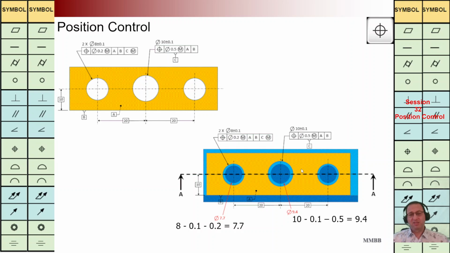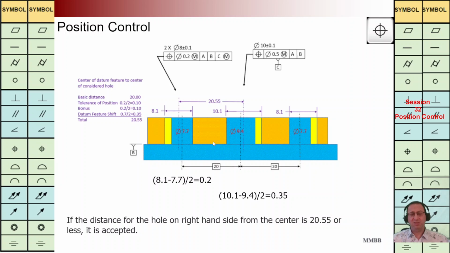In this manner, we are going to have this simulator, and then we can calculate what can be the maximum distance between the center of small holes to the center of large hole. Here we can see, what is this distance in this yellow area on left hand side? Here it is 8.1 minus 7.7 divided by 2. We can find the distance between these two centers, and then in the same manner we can find what is this distance.